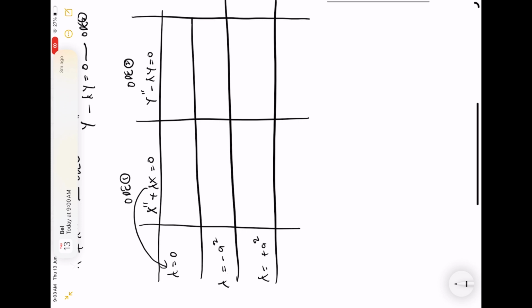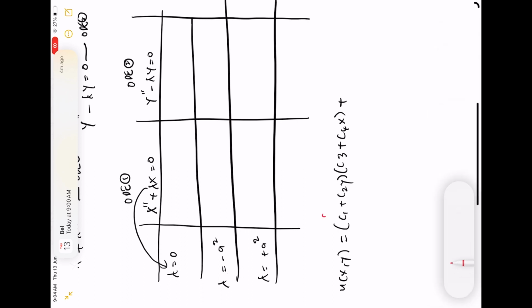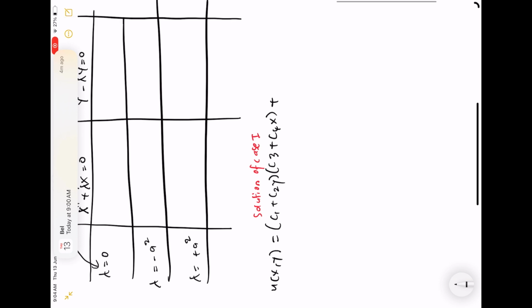So you will get, for example, your answer in this case u(x, y) equal to, the solution for case number 1 is C1 plus C2 y, C3 plus C4 x, this is the solution of case number 1, and then plus the solution for number 2, so a bit long this time, C5.